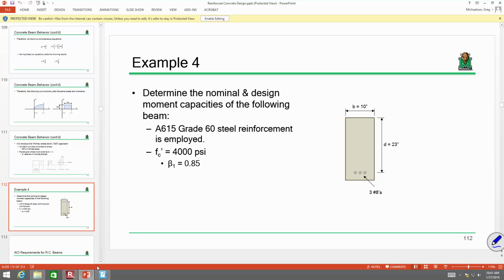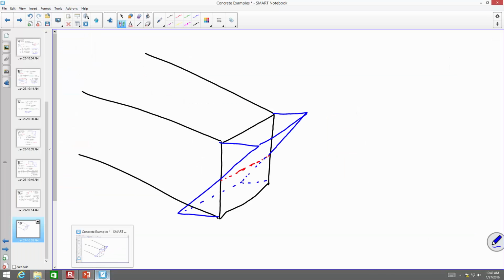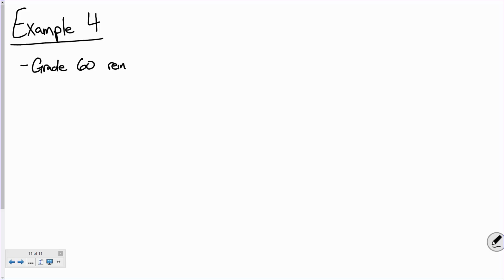Okay. Let's start getting into this example because this is an important example to go through. We'll take our time with this because this is important. Okay. So let's start off with a couple things. Grade 60 reinforcement means what?